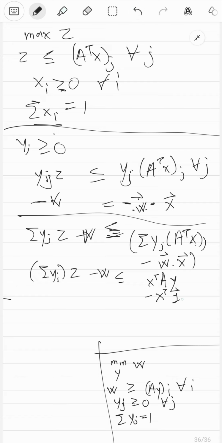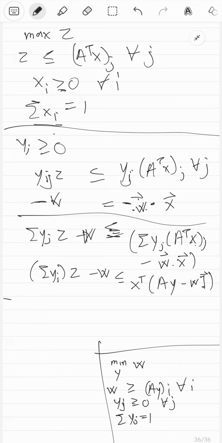The whole thing can be written as x transpose times (Ay minus w times the 1 vector). So what we have written so far is that this equation is true.